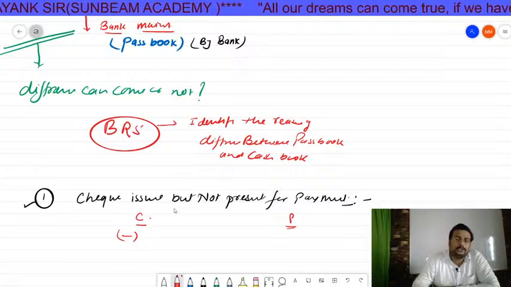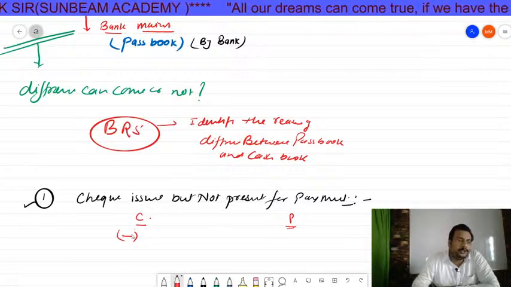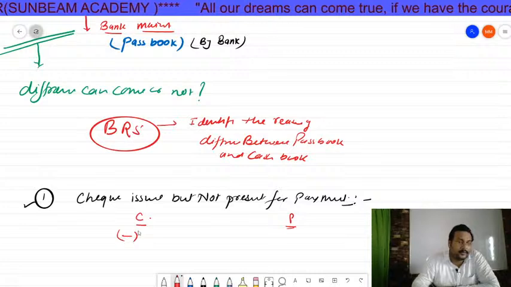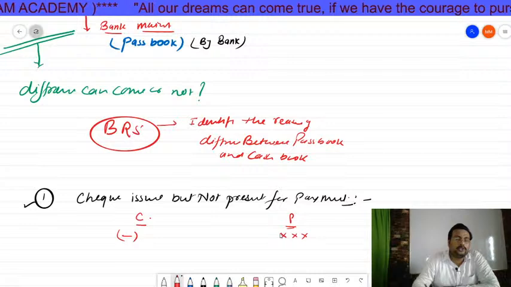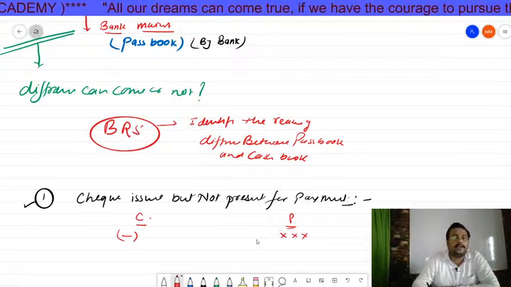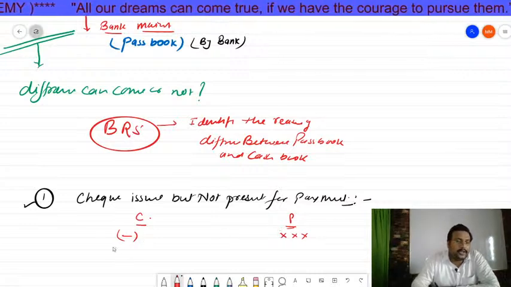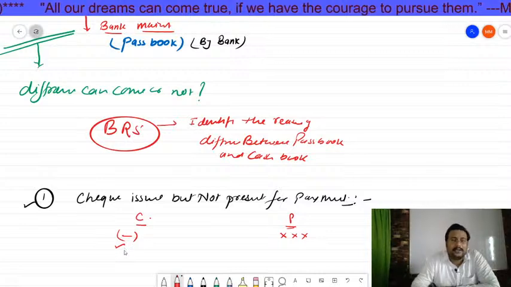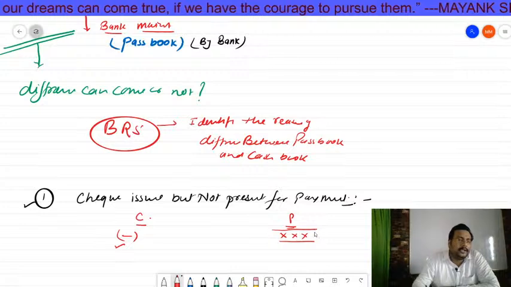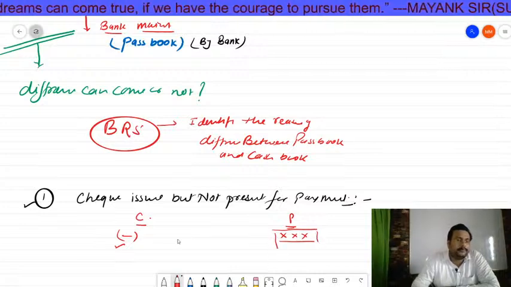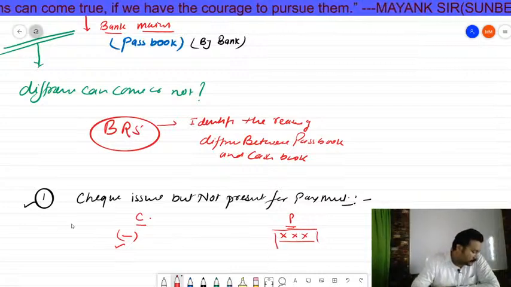We issued the check, so we deduct in the cash book, but there is no effect in the passbook. Why? Because nobody came to the bank for taking the payment. So we deducted because we issued the check, but the bank will not be affected because nobody came for the payment. This is the first reason.